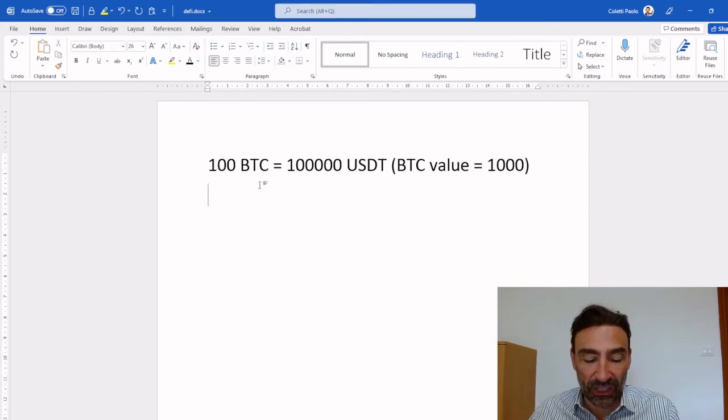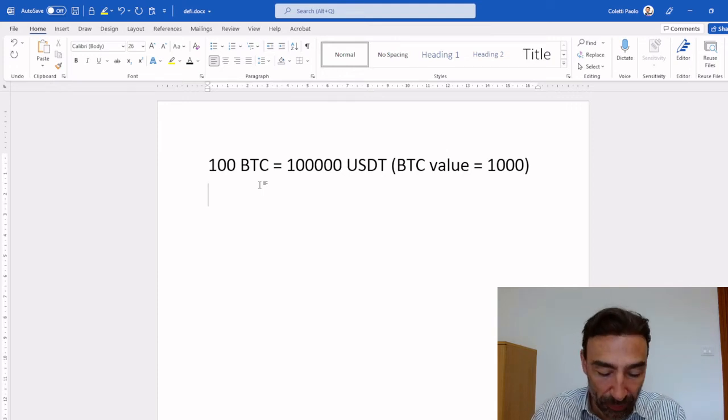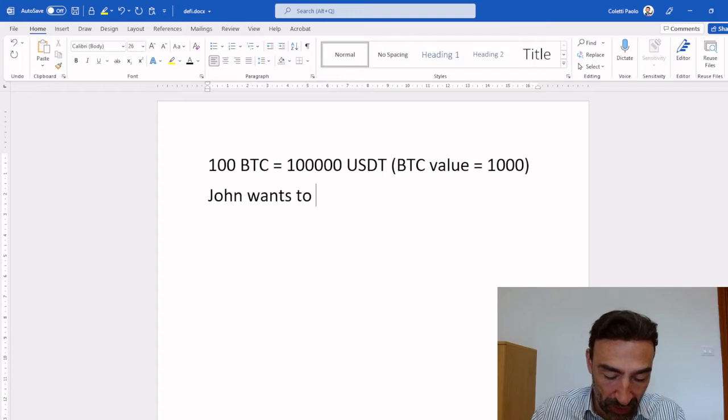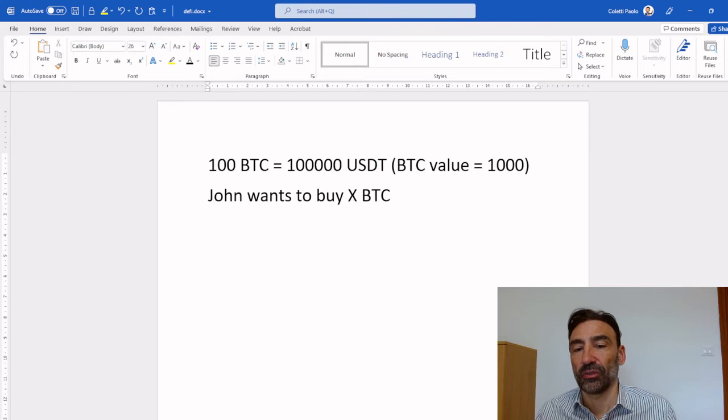Okay, so we start with a person. John arrives and wants to buy X Bitcoin and asks for the price.